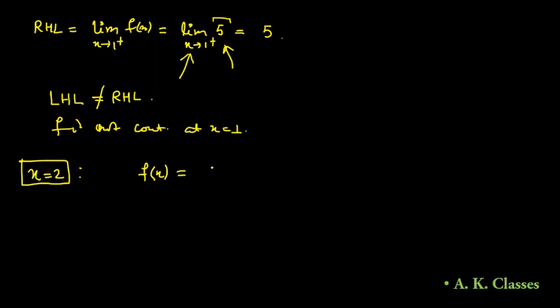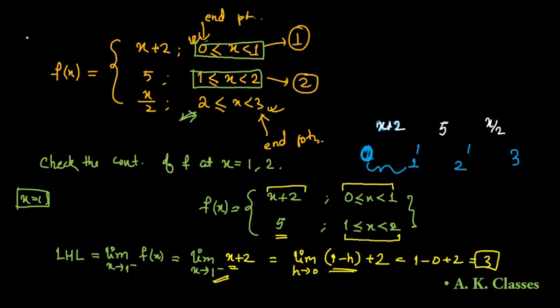What will our f of x be now for this function? What are the intervals? First identify that. We are considering the point 2, so consider those intervals which contain the point 2. Exactly, the last two, that means 1 and 2, and 2 and 3.